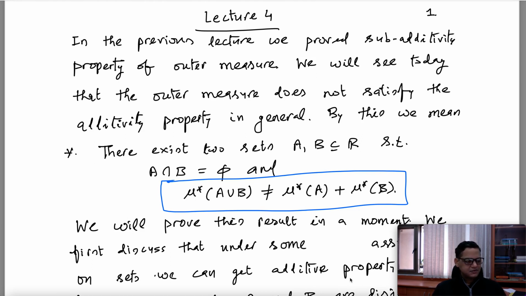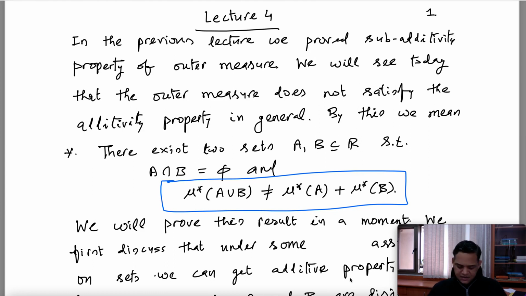Today we are going to continue and discuss one of the important properties, which was the additivity property. I'm sorry, I made a mistake. We had already proved the subadditivity property for the outer measure.